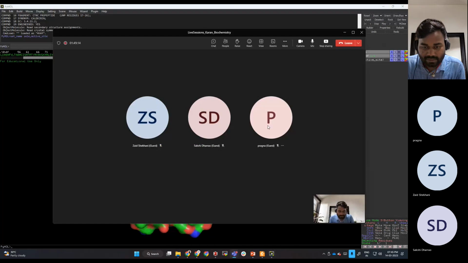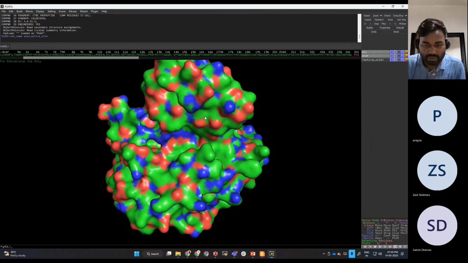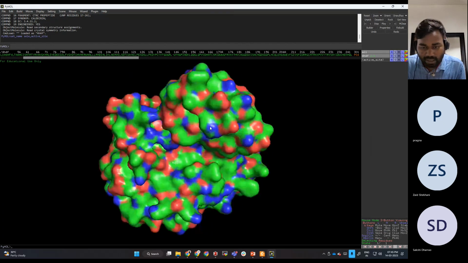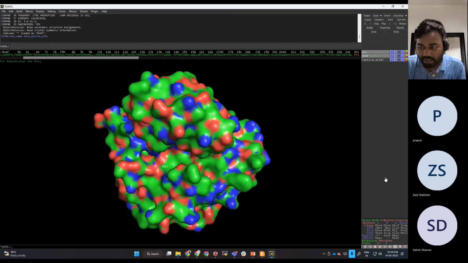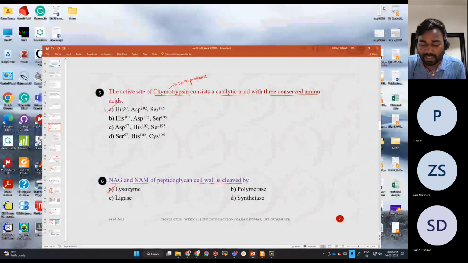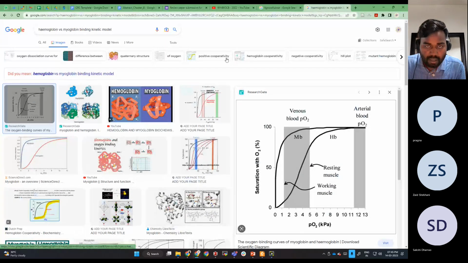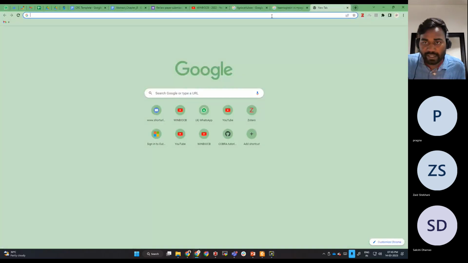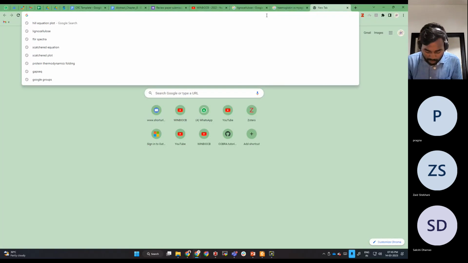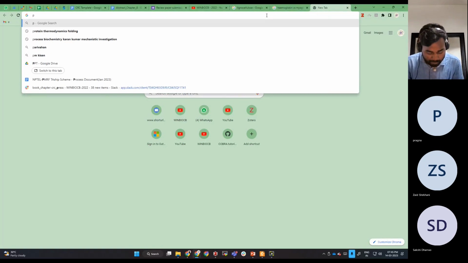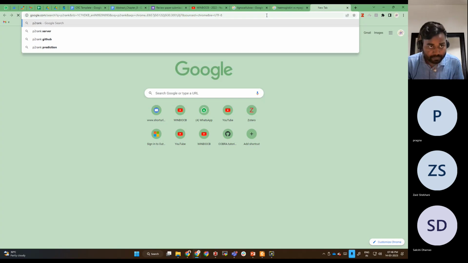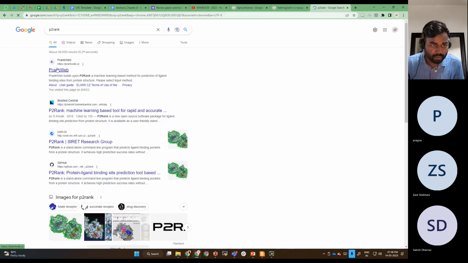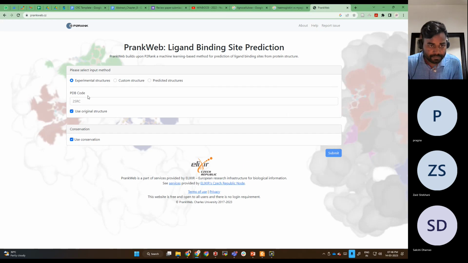Is it clear? Yes, sir. So this is the visualization. Now, if you want to check the binding pocket, let us say you don't know the binding pocket of any protein, then how can you check that? You can check that in P2Rank that I have given in the slide. So go to the PrankWeb website, put the PDB code of that protein.